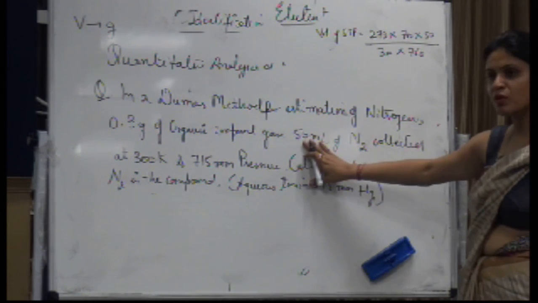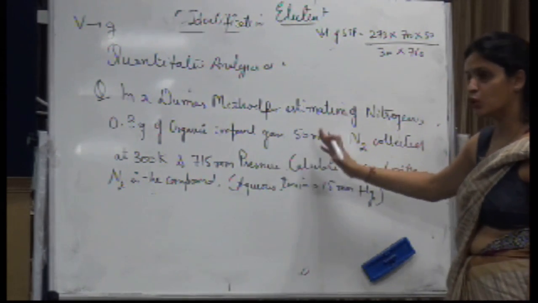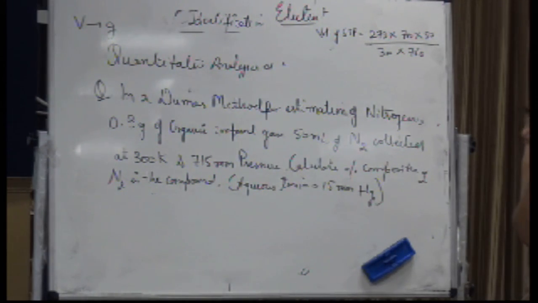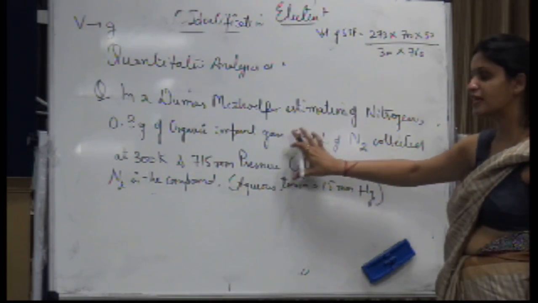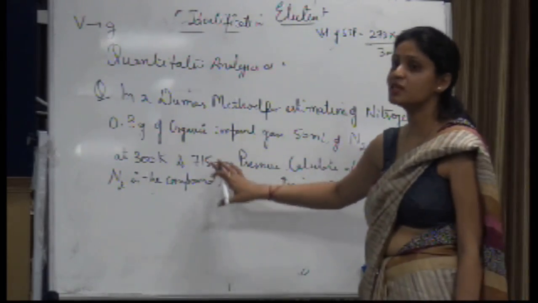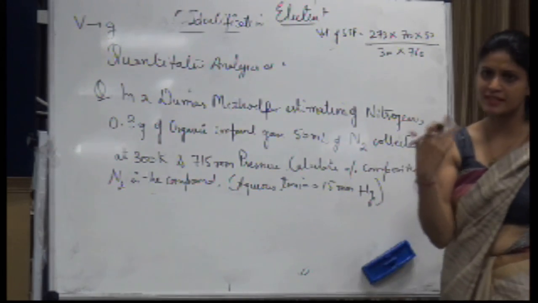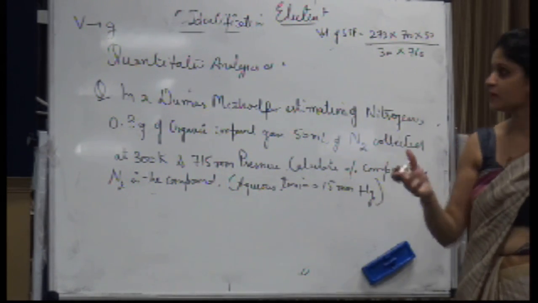I know this amount of nitrogen has been produced at this temperature and pressure. So what would be the volume if I change the temperature and pressure according to STP? I am taking the same amount, but I am changing the condition of temperature and pressure. Then I am trying to find out the volume that would have existed if the temperature and pressure were according to STP.